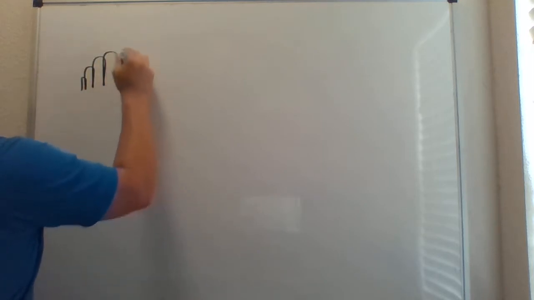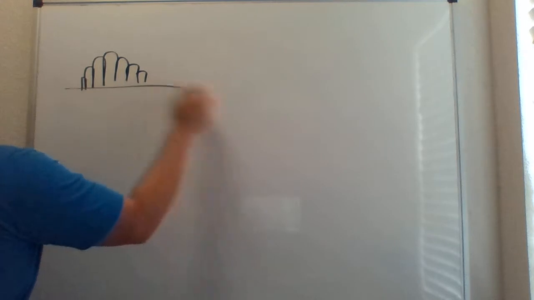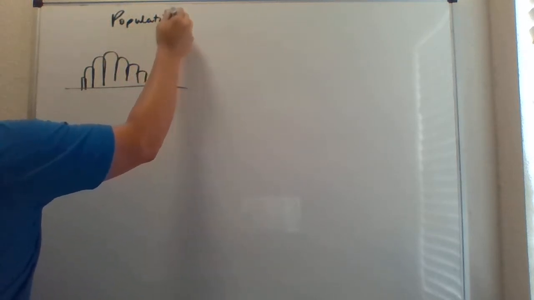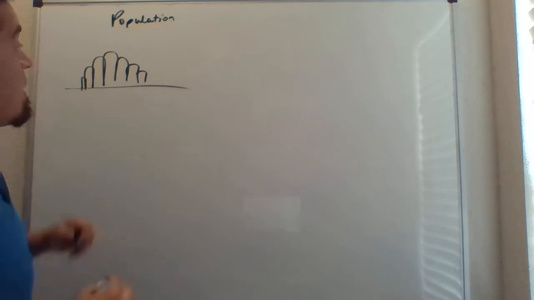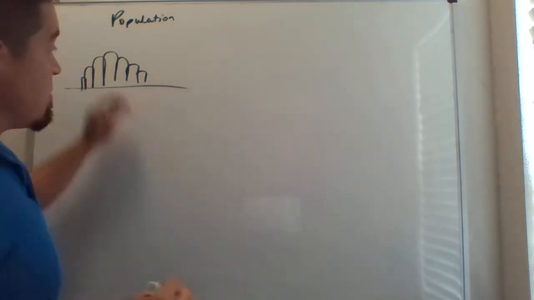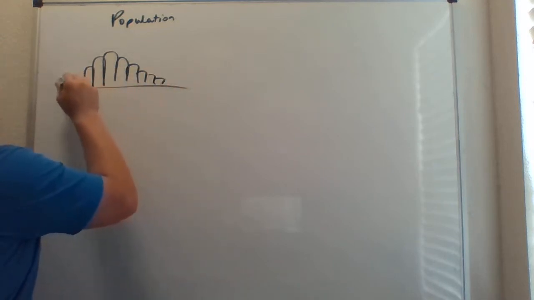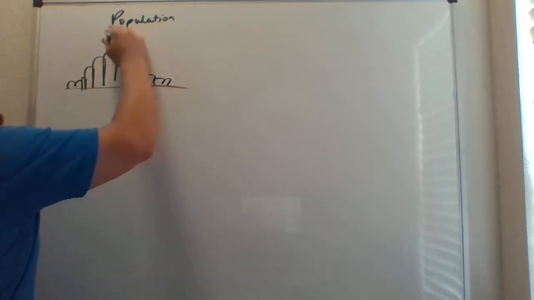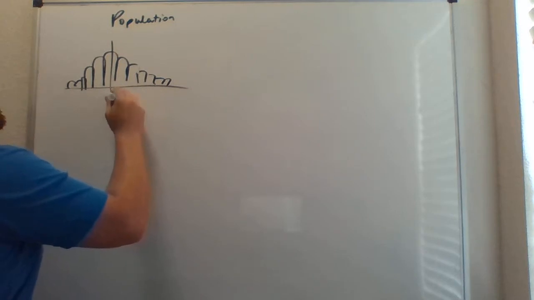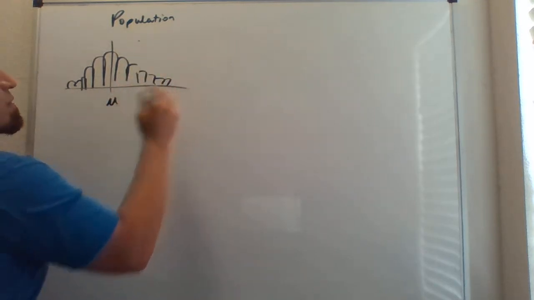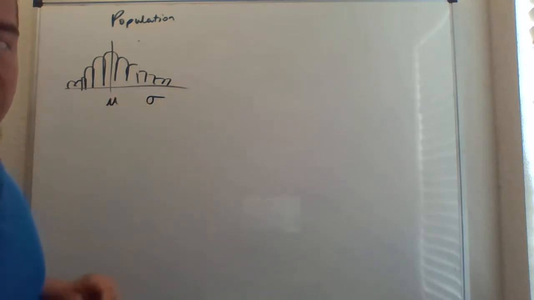So if you have an original population, and say the population is normally distributed, and I have samples from this population, the central limit theorem is saying a couple of things. This has a mean of mu and a standard deviation of lowercase sigma.